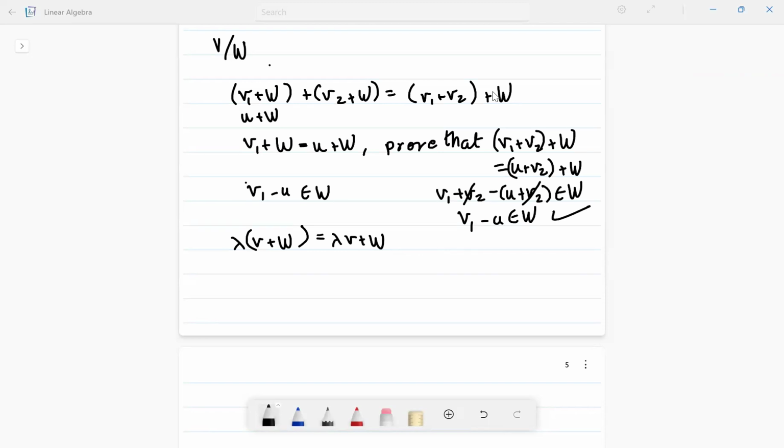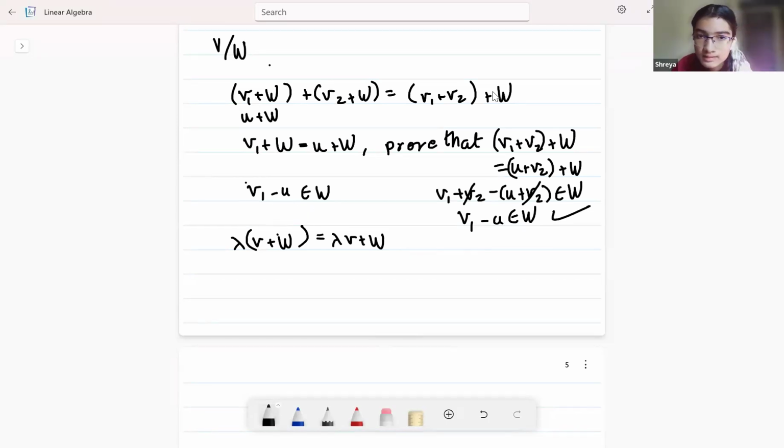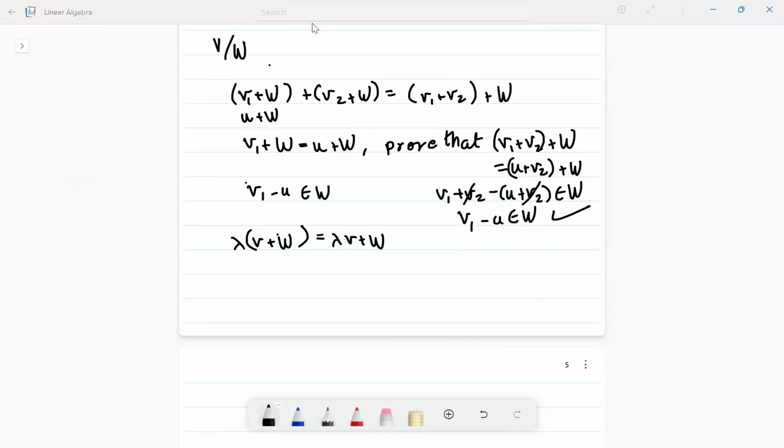W is a subspace of the vector space V, right? Yes, it's a vector space. Don't we just have to show that we take lambda times all the elements of W?